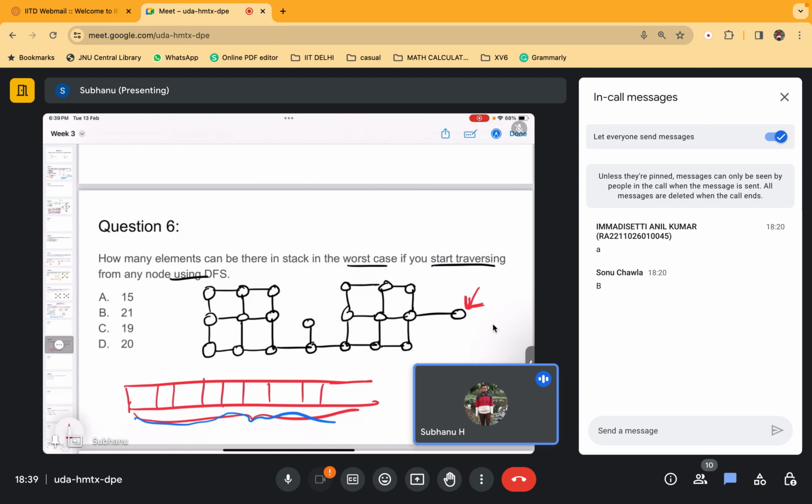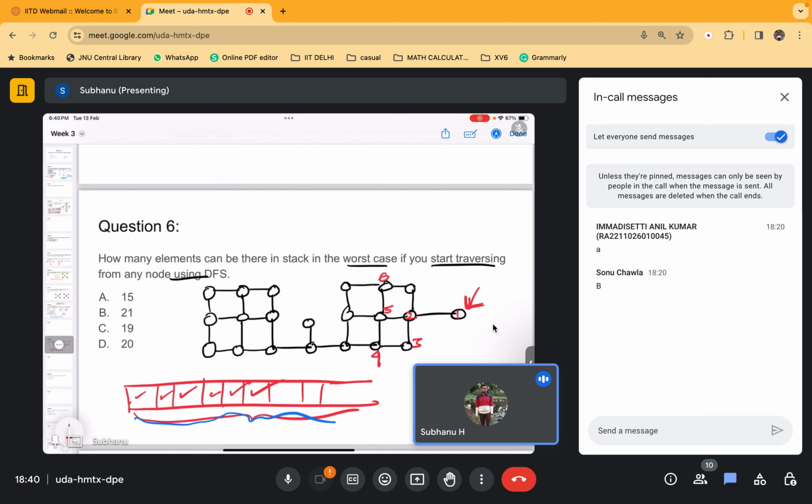This is our first node, so this will come to the stack, no issue. Then this will be our second node, this will also come to the stack. This will be our third node, this will come to the stack, this will be our fourth node, and this will come to the stack. This will be our fifth node, and this will come to the stack. Now this will be our sixth node, this will also come to the stack.